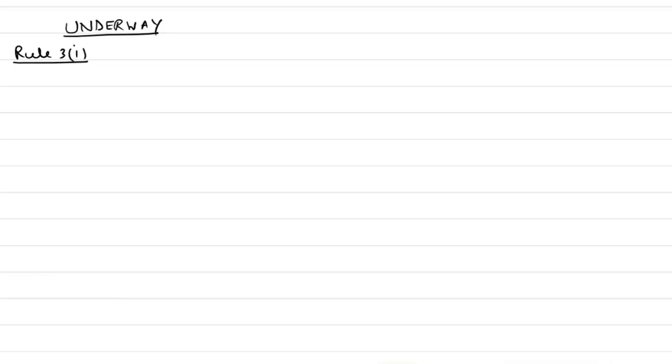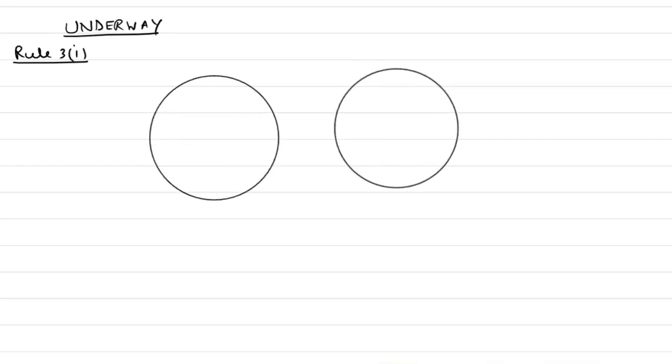All right. So let's have these two circles. That means either you are in one circle or another circle. So this circle is underway, and this circle is not underway.